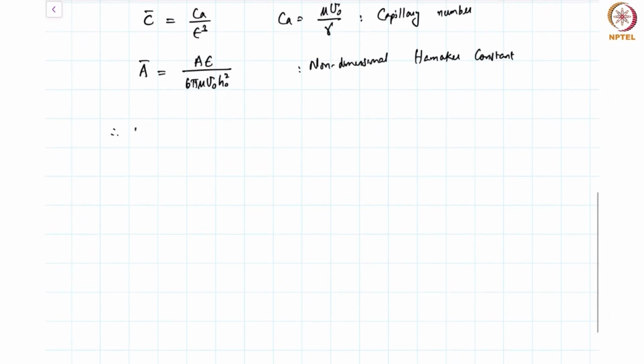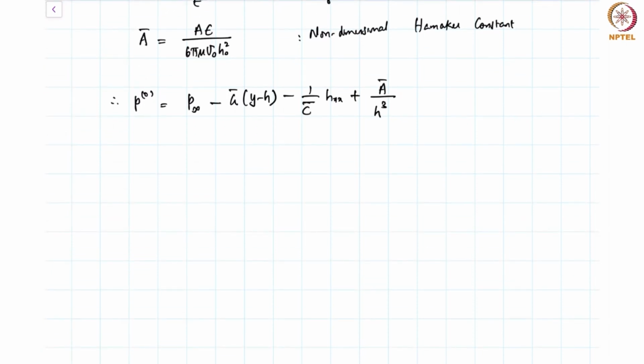So the compact form of the pressure now simply becomes P infinity minus G bar of y minus h minus 1 by C bar of hxx plus A bar by h cube. This is basically my pressure, and now I can calculate the pressure gradient del P by del x.